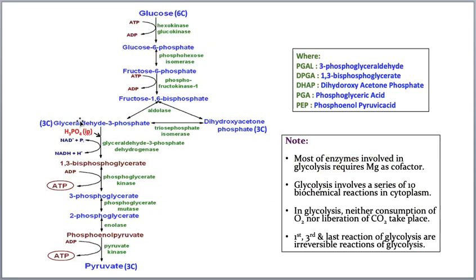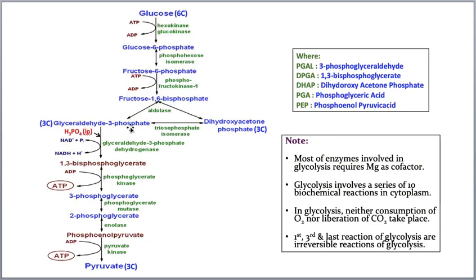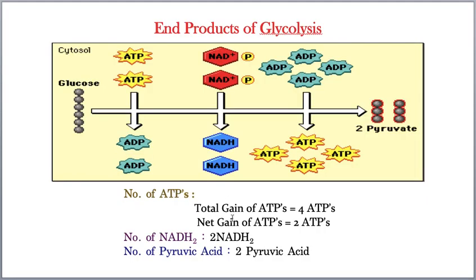First, in glyceraldehyde 3-phosphate one NADH2, later dihydroxyacetone phosphate again converts to glyceraldehyde 3-phosphate, now one more NADH, and two more ATPs and one more pyruvic acid. So totally how many? By glyceraldehyde 3-phosphate one NADH, and by dihydroxyacetone phosphate one more. So totally two.